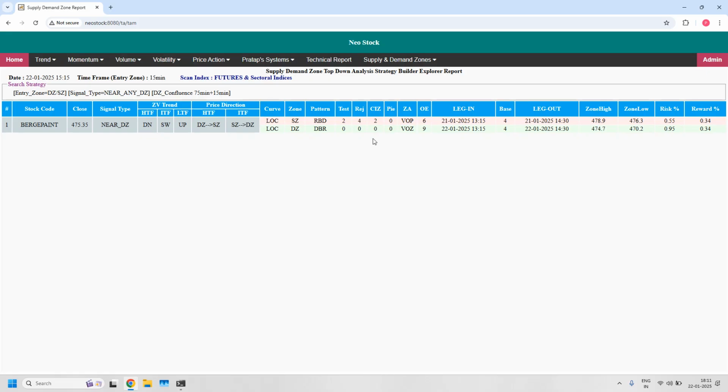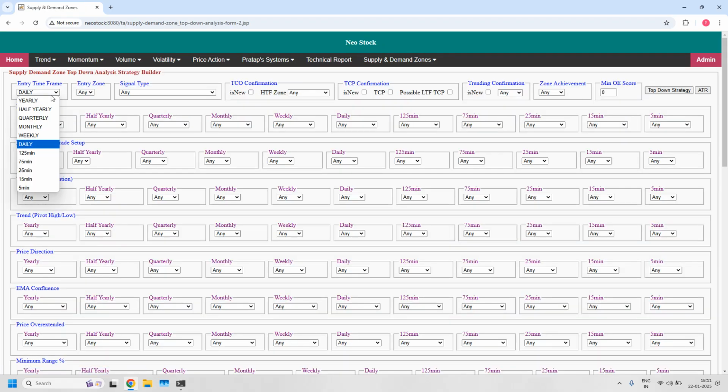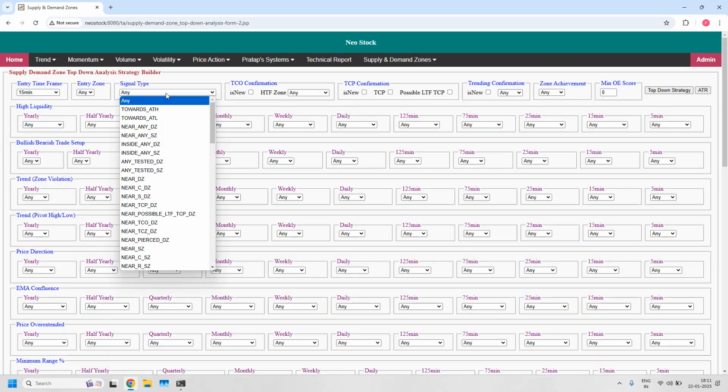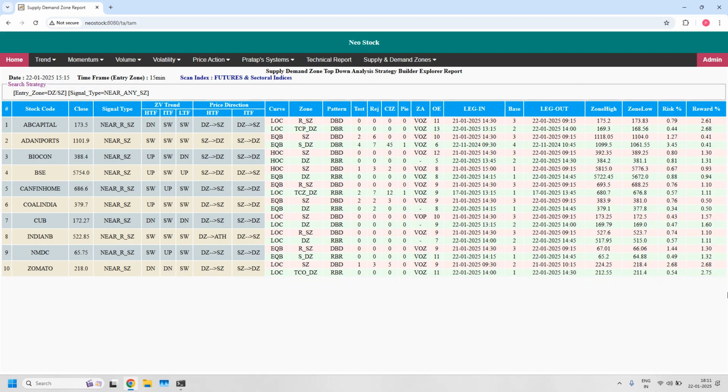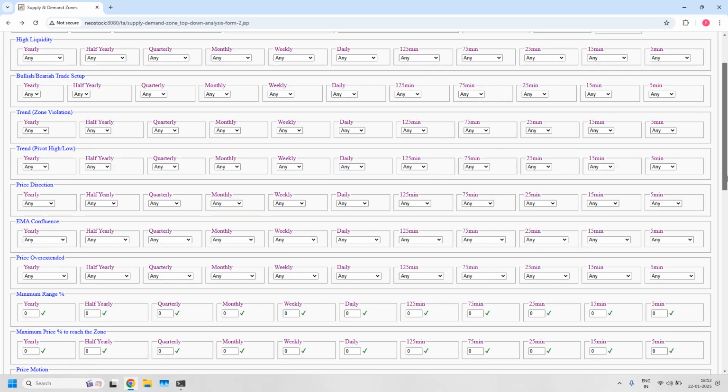Okay. Next, for 15 minutes time frame, stocks near 15 minutes supply zone, we got 10 stocks. Out of these 10, how many of these stocks are having HTF confluence? That is 15 minute supply zone having confluence with 75 minutes supply zone.